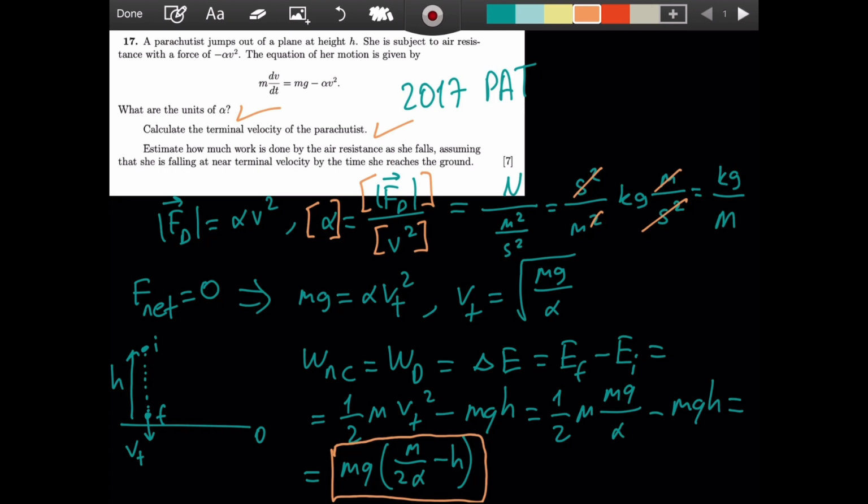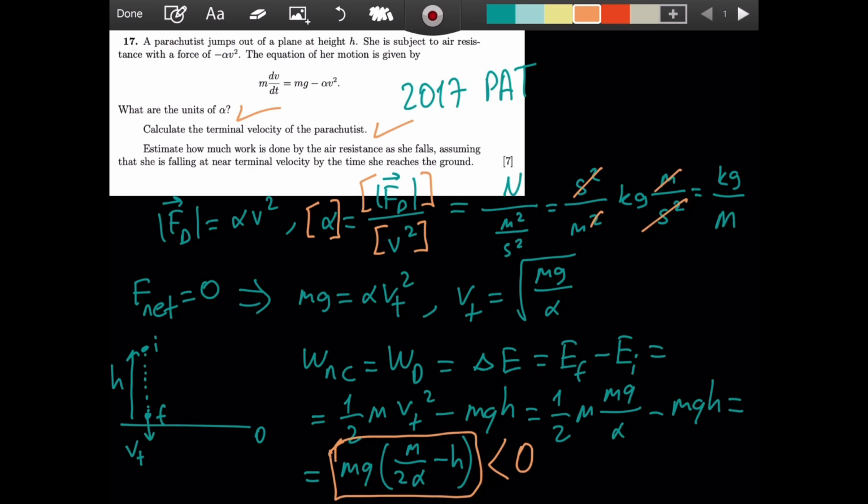Now, this is going to be negative because the energy decreased. I'm not sure what the question meant. Maybe they're asking for the positive, the negative. The actual work done is this. But if they want the magnitude of the work, which I don't know if that's what they want, you just multiply by -1 basically.